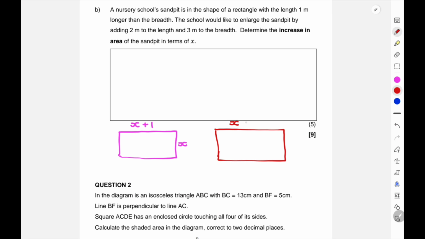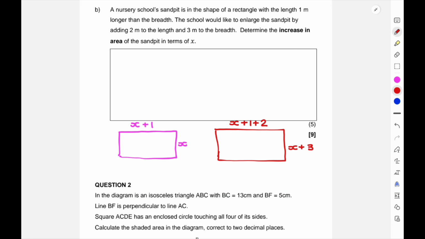So over here it was X plus 1. And now they want to enlarge it by adding 2 meters to the length, so plus 2, and 3 meters to the breadth. So X plus 3. Determine the increase in area of the sandpit in terms of X.